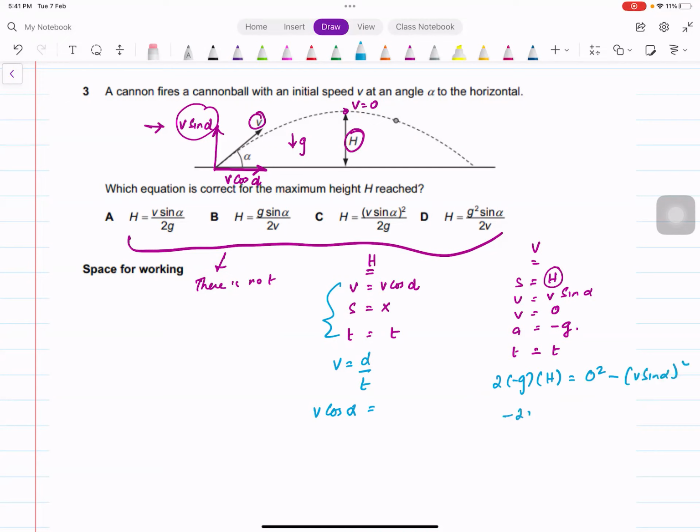So this is going to be 2gh equals v square sine alpha square. And this cancels out. h is v square sine alpha square over 2g. And that is c. Very nice. Okay, we do not need to go there. Cool.